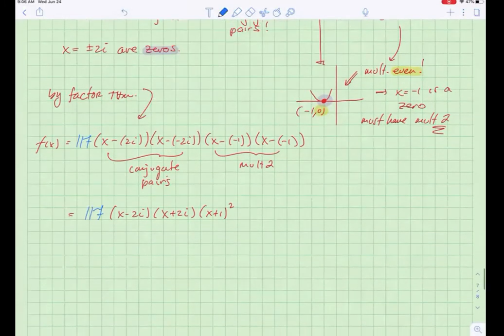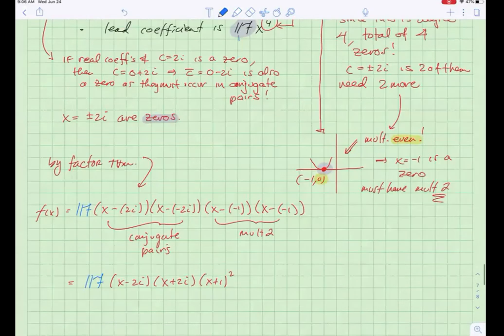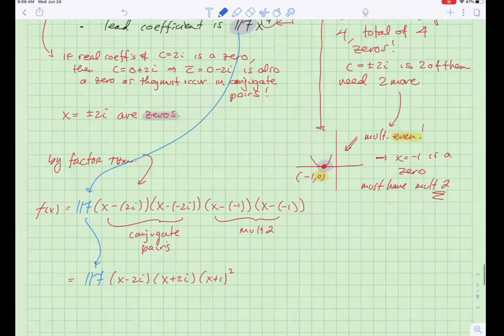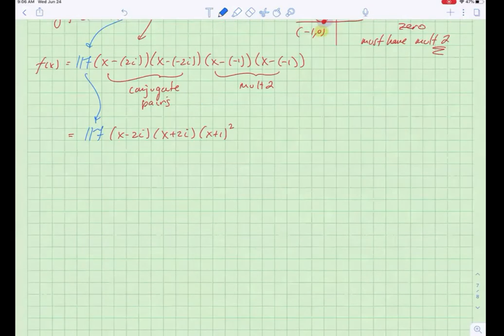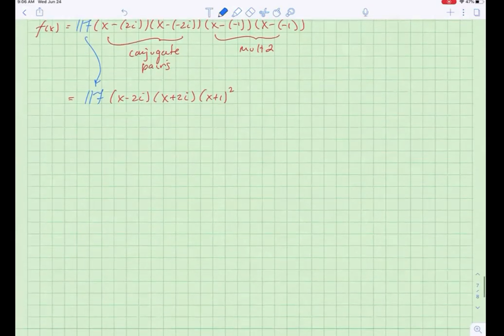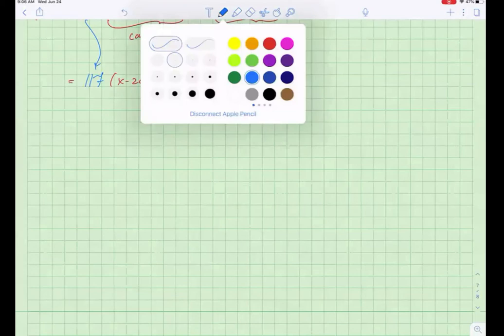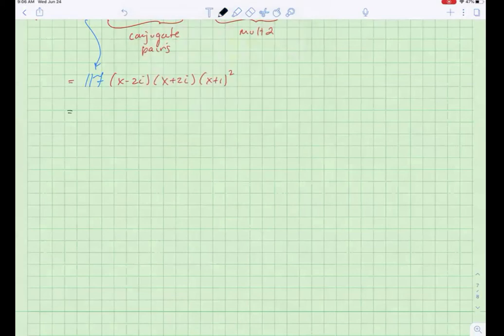We need to scale this up by 117, just so it has the proper coefficient. And then, of course, we could multiply all this garbage out, although I don't know that that's strictly necessary. This is 117. This is x squared plus 4.